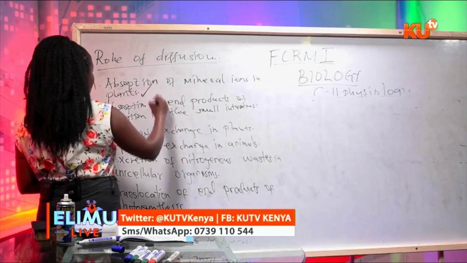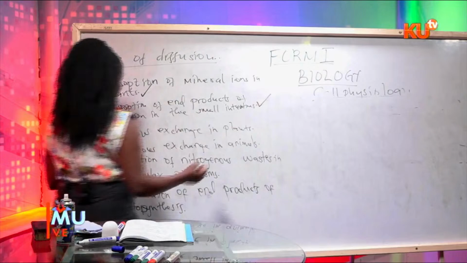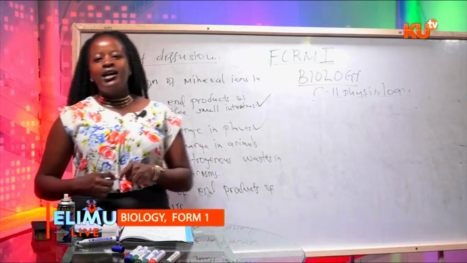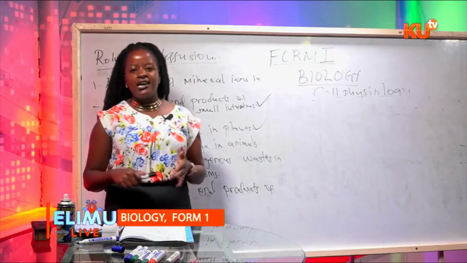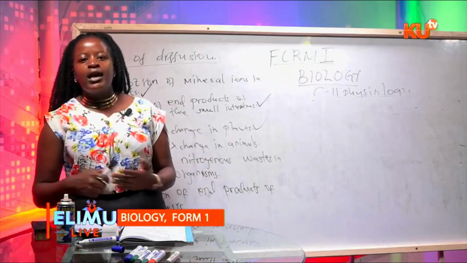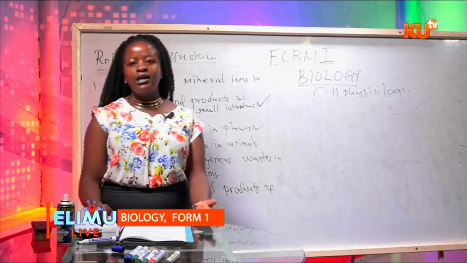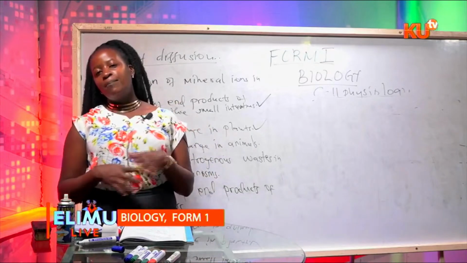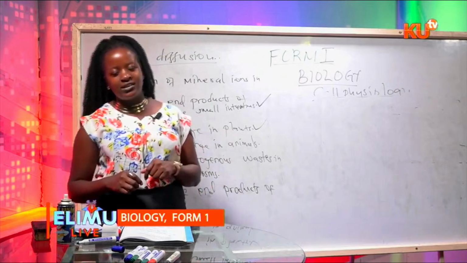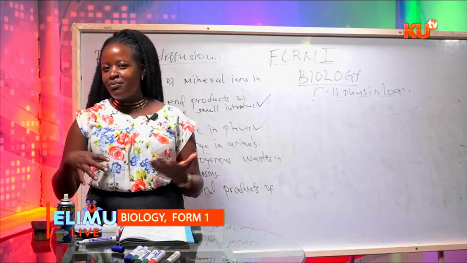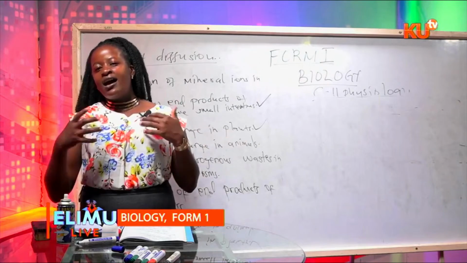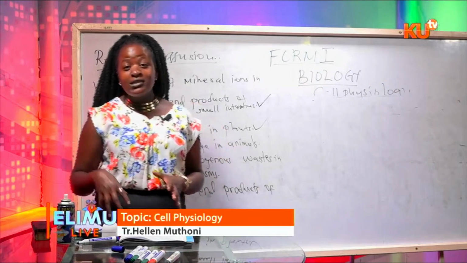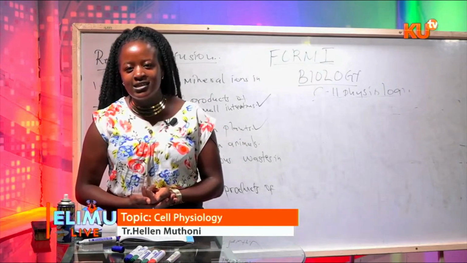Another function of diffusion is that it aids in gaseous exchange in plants. Gaseous exchange is the process where respiratory gases, oxygen, and carbon dioxide pass across respiratory surfaces. Now, gaseous exchange in plants, during the day, the plants take in carbon dioxide gas, which they use for the process of photosynthesis.